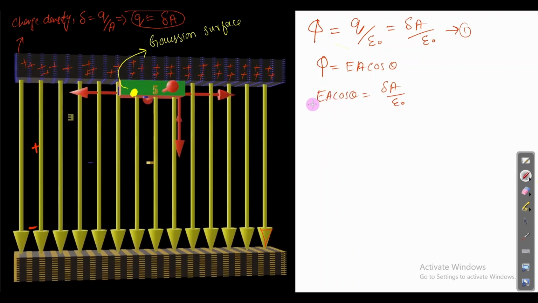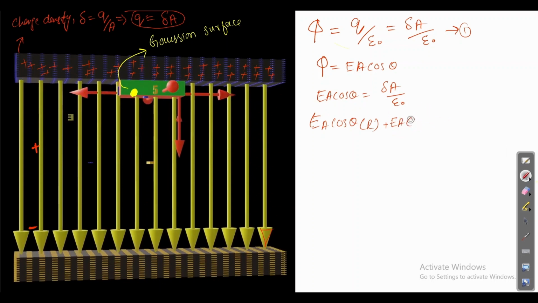In this case we consider a box. This EA value does not come from the upper side, because the upper side is in contact with the plate. The flux EA cos theta can come from the right side of this box, and it can also come from the left side.